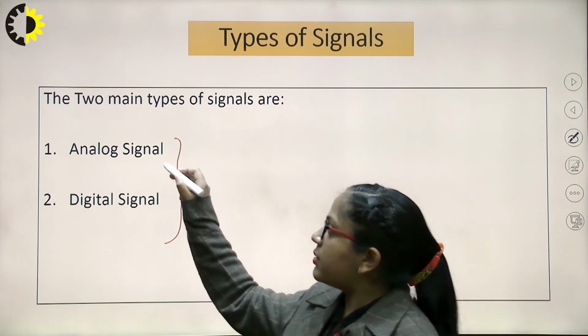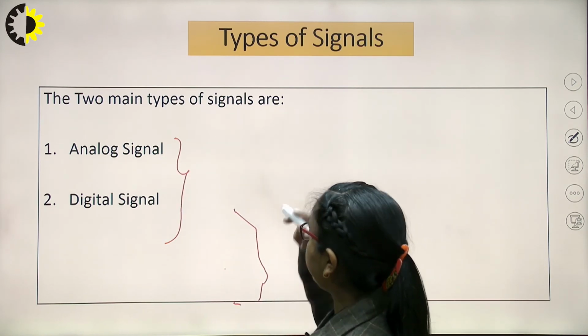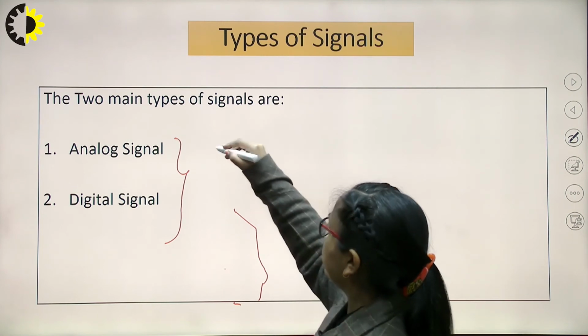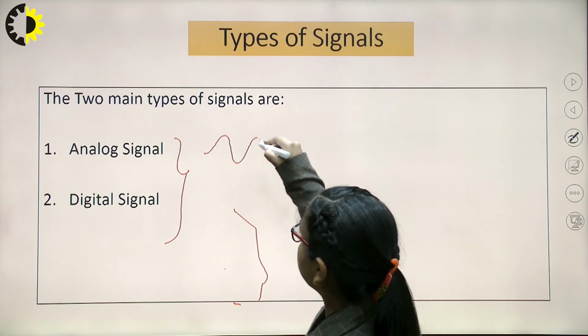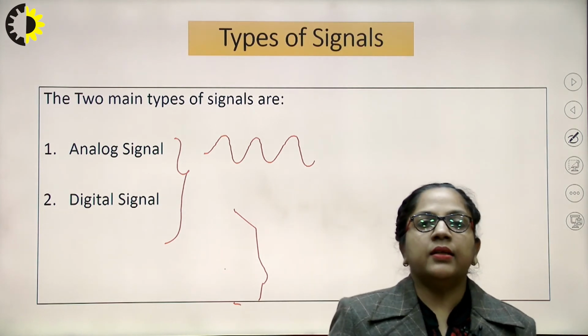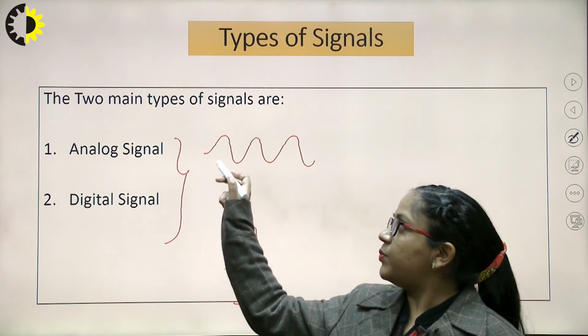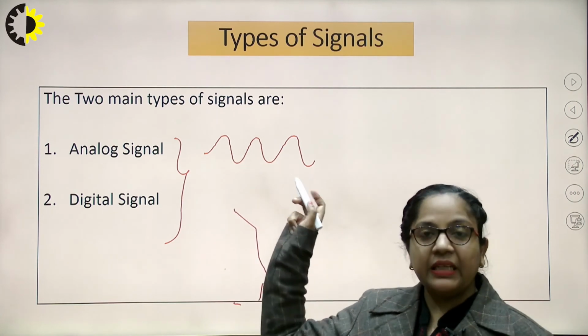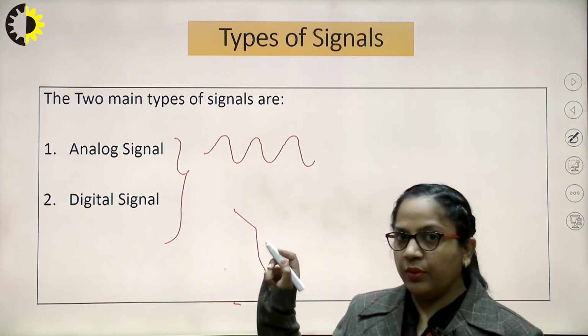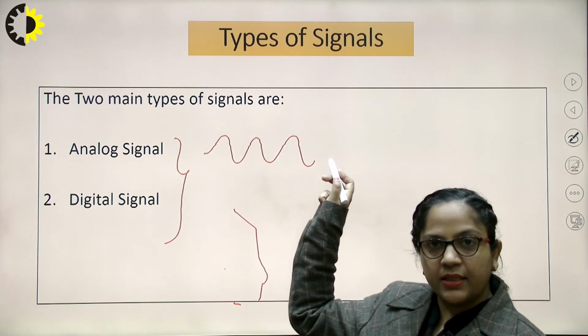What is analog signal? It is a signal that will be in continuous form and that will vary smoothly over time. It can take any value over the given time ranges.